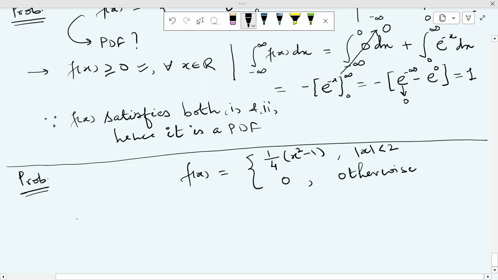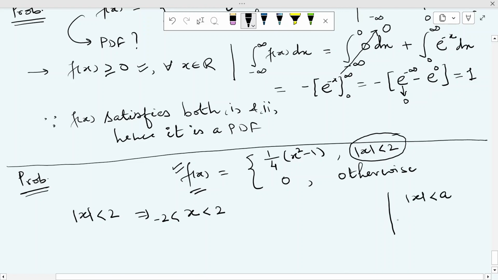First of all, we have to be very clear about the definition of this function f(x). If you look at mod x less than 2, this implies that x lies between minus 2 and 2, because we know that if mod x is less than a, then x lies between minus a and a.